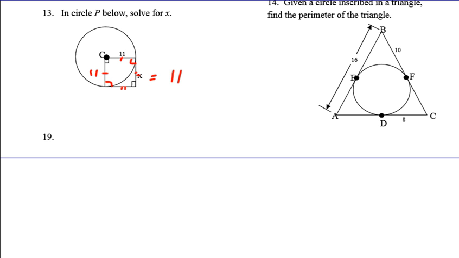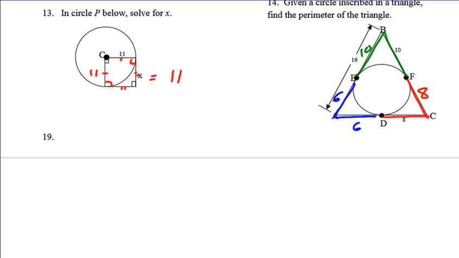With the perimeter of this triangle, keep in mind tangent lines from the same point to the same circle are the same, so that's 8. That's 10. That's 10. This whole thing was 16, so that's 6. So that's 6. And we have every piece of the perimeter.